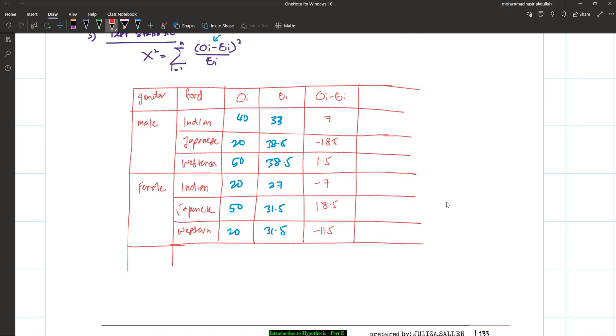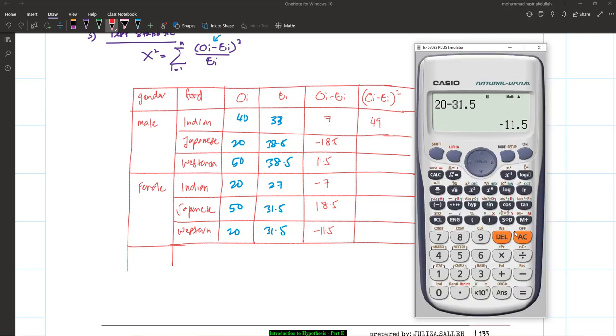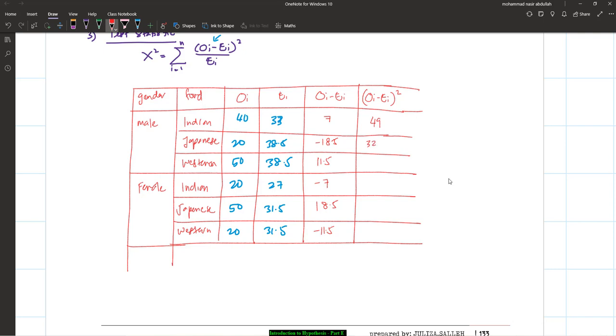So now we have the value, but in this formula it should be squared, right? Power by 2. So observed minus expected, squared, right? So this one should be 49. Negative 18.5 to the power of 2 should be 342.25.